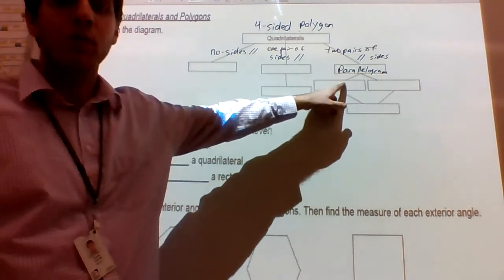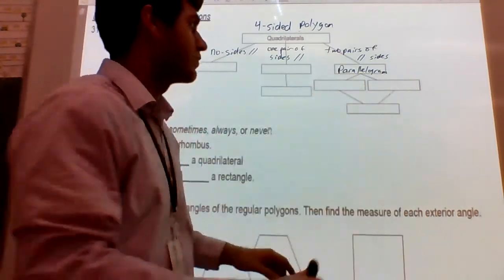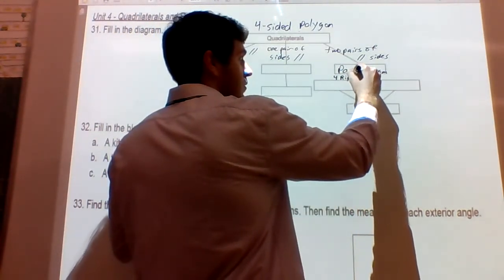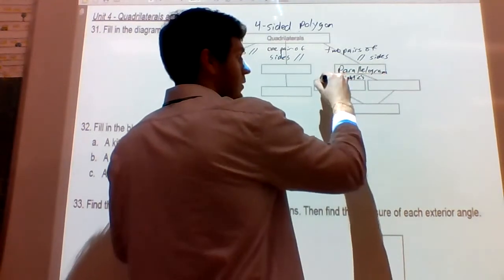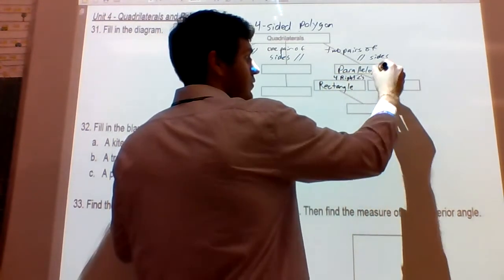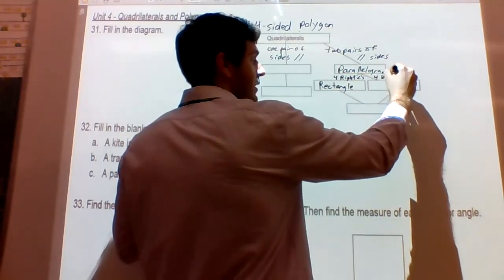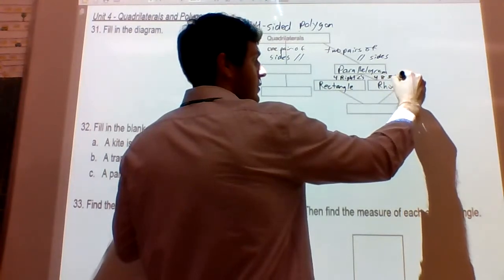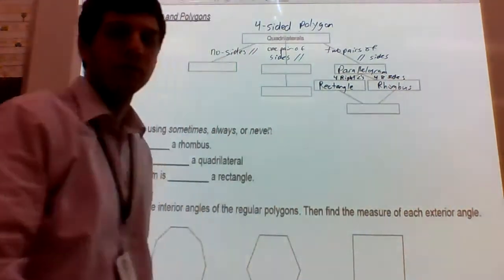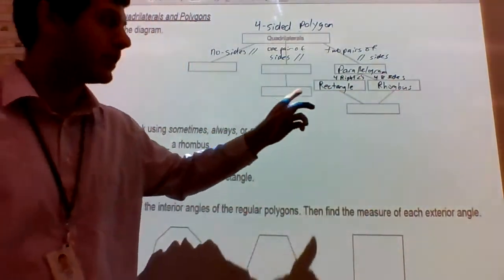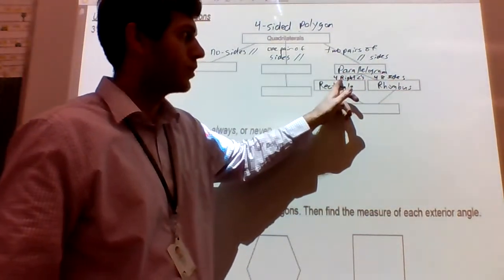And then we talked about having 4 right angles and 4 congruent sides. If it has 4 right angles, it's going to be a rectangle. If it has 4 congruent sides, it is going to be a rhombus. We defined a rhombus as a parallelogram with 4 congruent sides. We defined a rectangle as a parallelogram with 4 right angles.